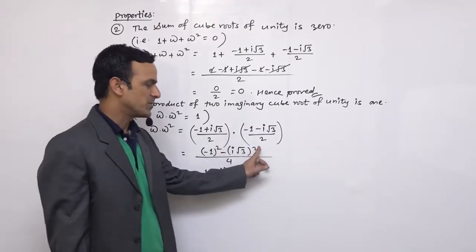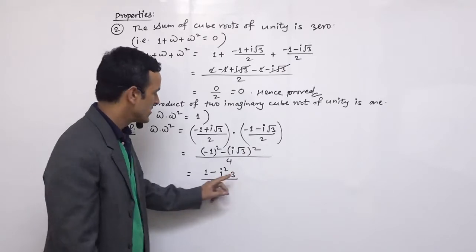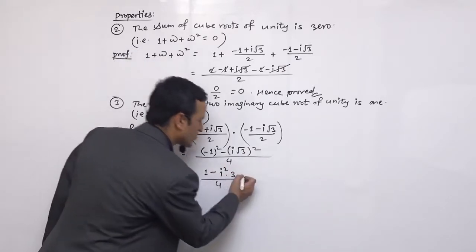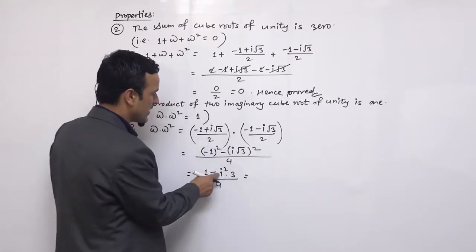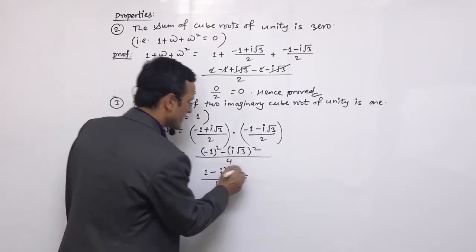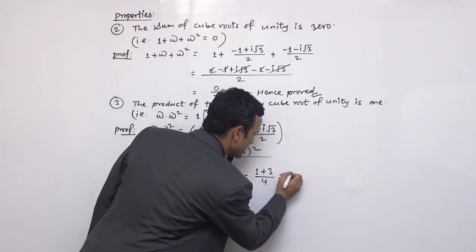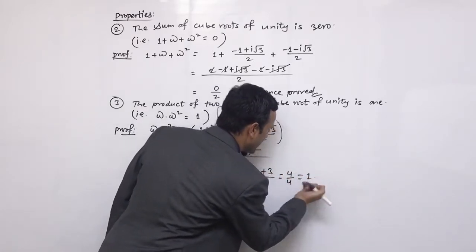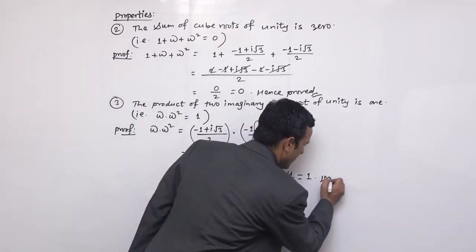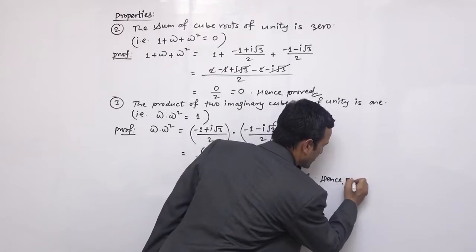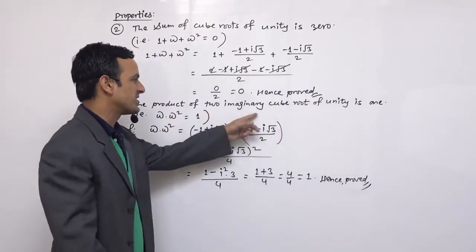So I to the power 2 means I square. Root 3 square means 3. So substituting the value of I square, then I square means minus 1. So minus minus plus. So 1 plus 3 divided by 4 and it is 4 by 4 and finally we get 1. Hence our relation is proved. So our property is product of two imaginary cube root of unity is 1.